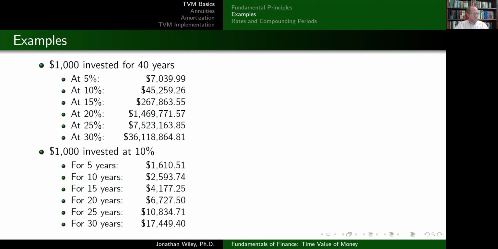So notice if I go from 5 years to 10 years, with $100,000 invested at 10%, I wind up going up by a little less than $1,000. If I go from 10 to 15, so that's still a gap of 5 years, but in that case, let's see, that's going to be around 1,500, 1,600.